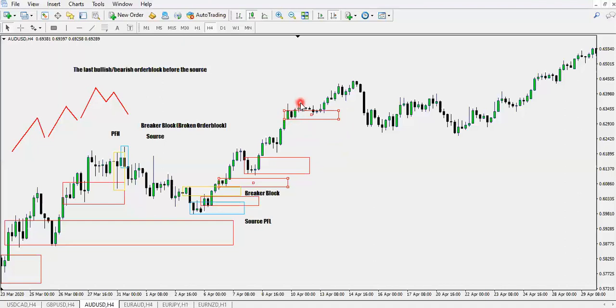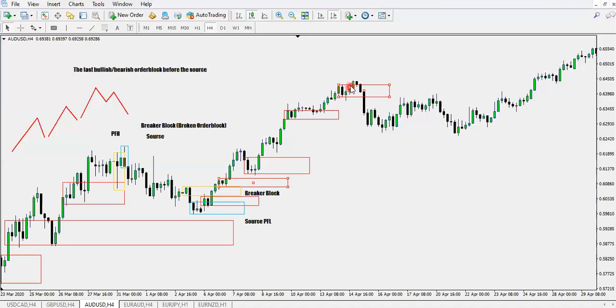Price then rallied up and traded sideways for a bit, but maintained our order block at the top over here, and another order block over here was created. So when this order block here was created, it was responsible for this move to the upside of these two candles, and then we can see another order block.